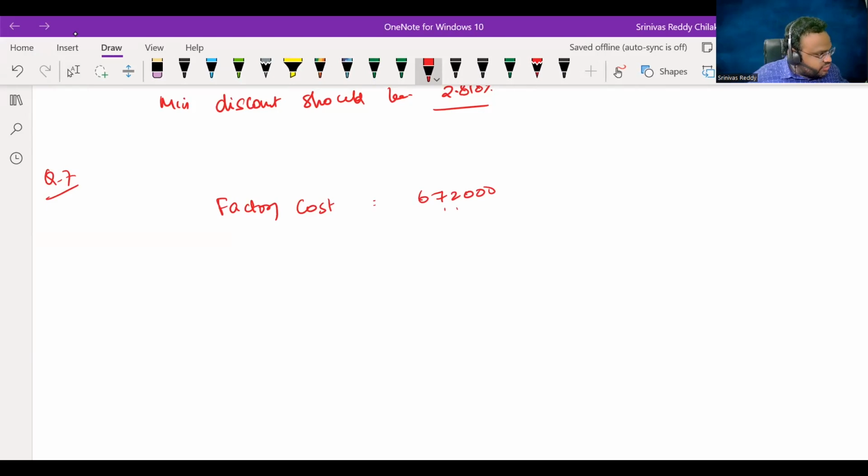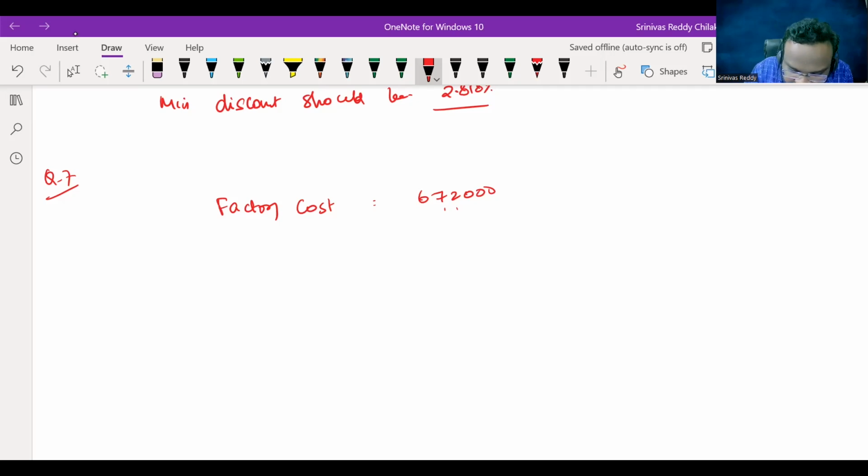What did they say about admin overheads? How much is admin overheads? 10 percent of the selling price. And what is the next thing they said? 25% gross profit you are expecting.